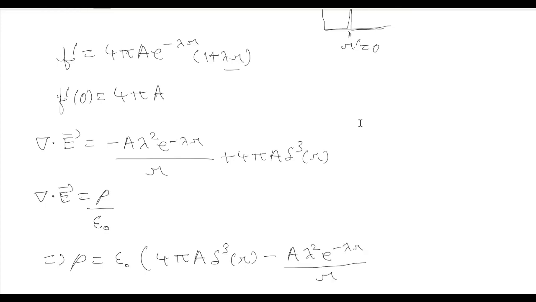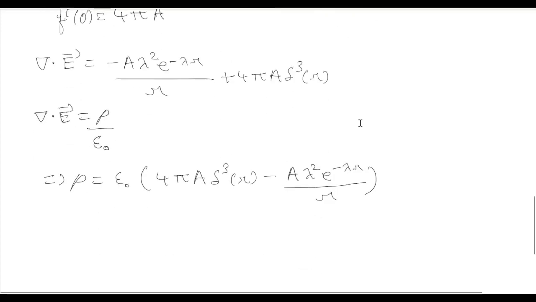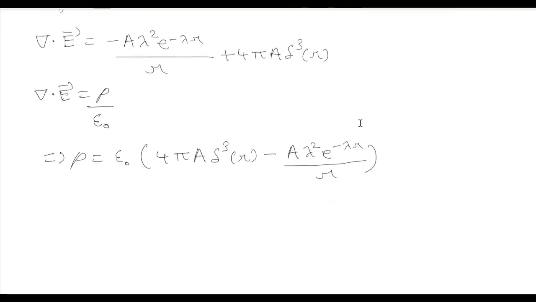So this is the volume charge density associated with this potential and hence the electric field. We found the electric field and the charge density associated with the potential, and now the final thing we need to find is the total charge Q.